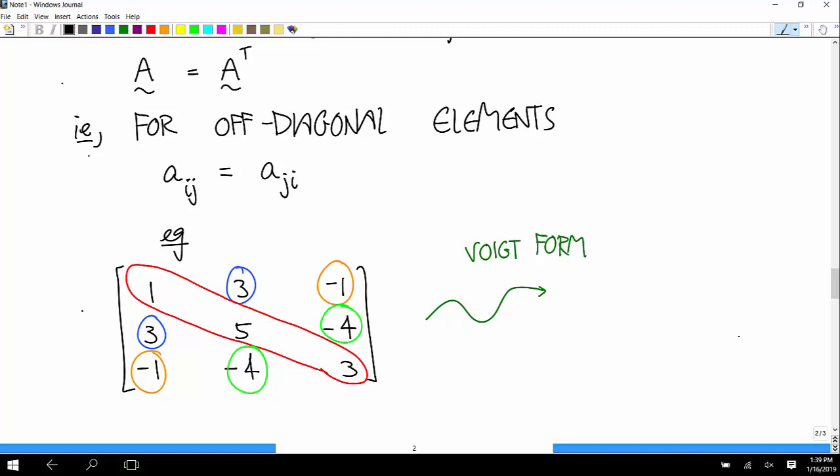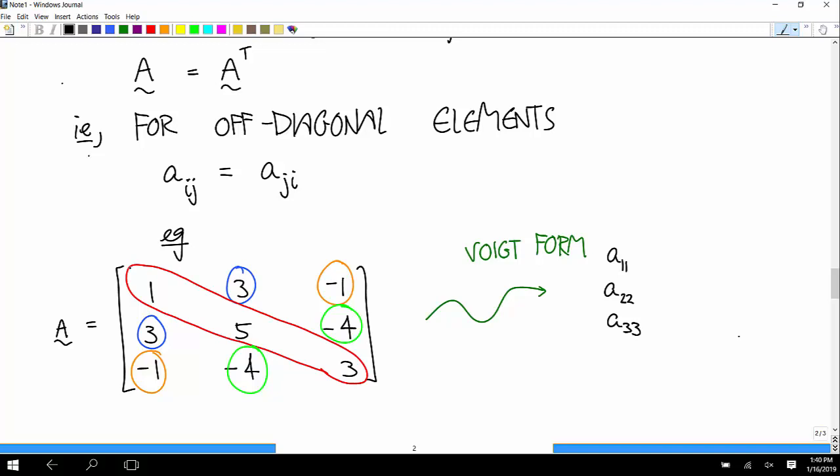So if this is the matrix A, then the Voigt form would be the diagonal, A11, A22, A33. And then if I asked everybody to guess how the off diagonal elements were entered, they'd all pick the same order. There's no reason it has to be that, but everyone would say, okay, well, let's go 1, 2, 1, 3, 2, 3, every single person.